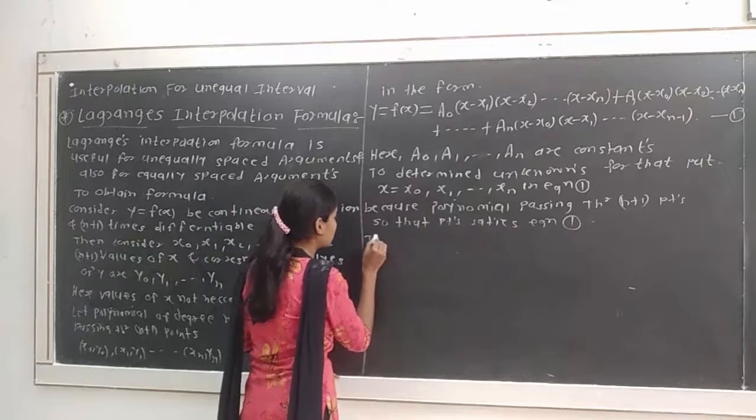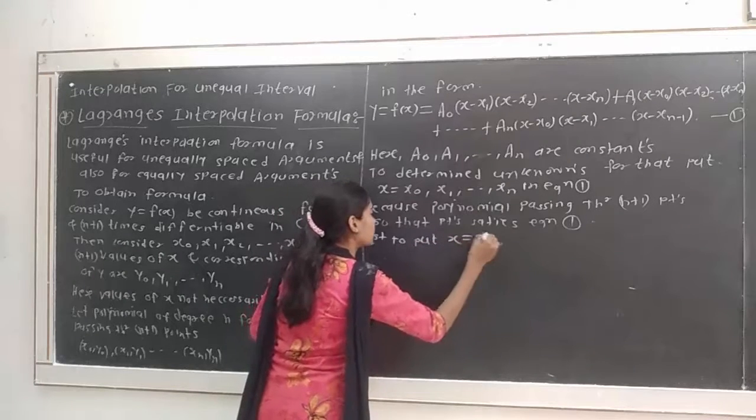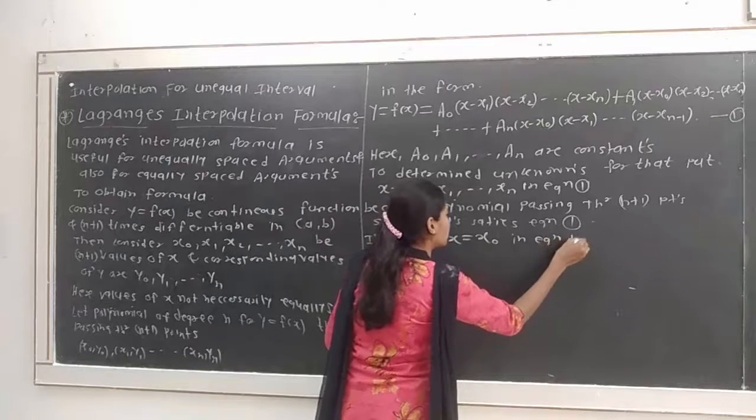So first put x is equal to x0 in equation number 1.